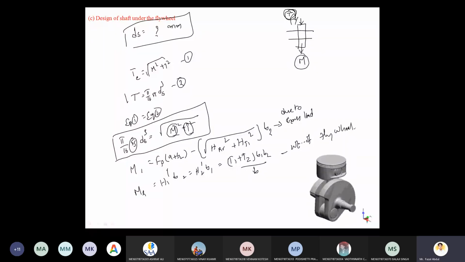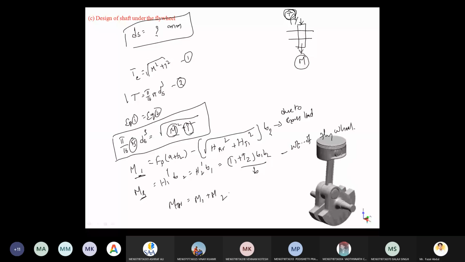So there will be two bending moments: one due to the gas load, one due to the flywheel weight. Now the total horizontal bending moment, how much? Total horizontal bending moment is m1 plus m2. Now the vertical moments are due to the flywheel weight.